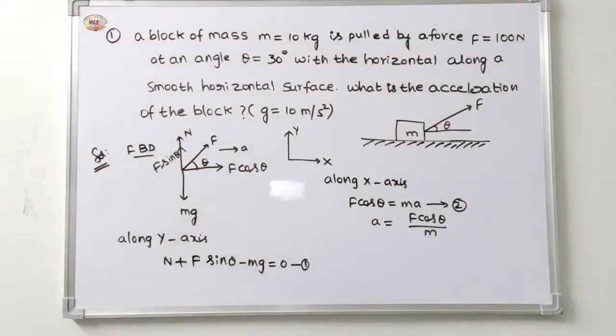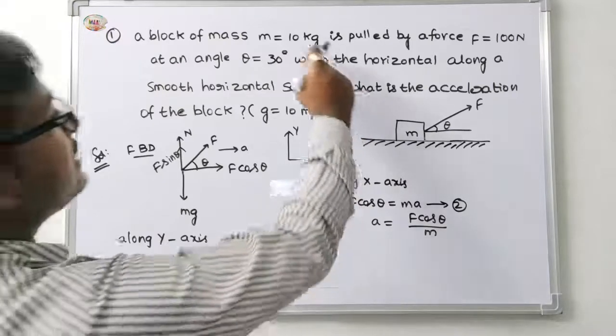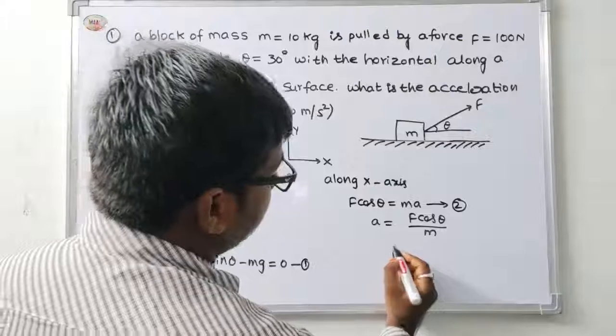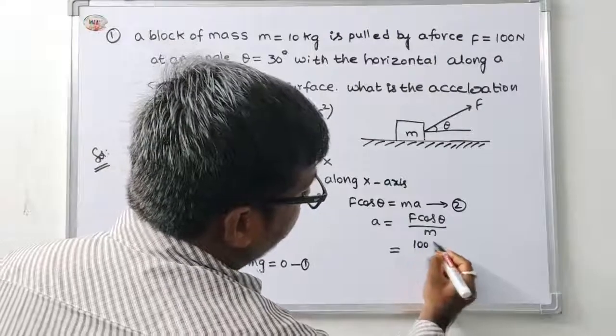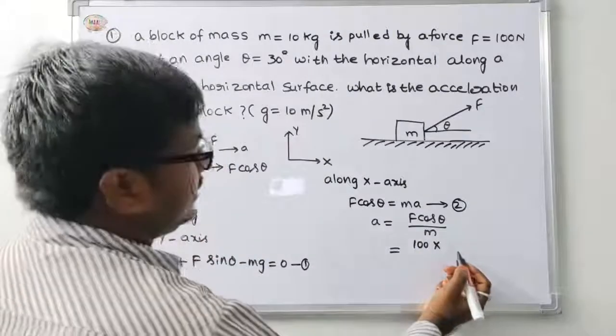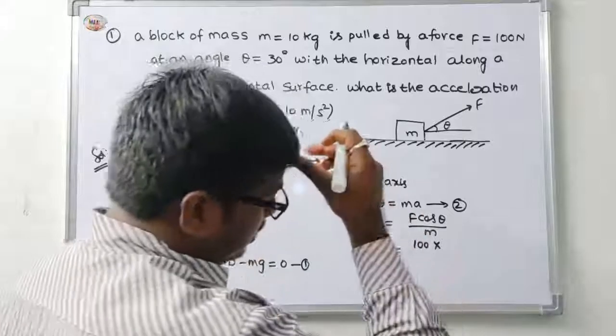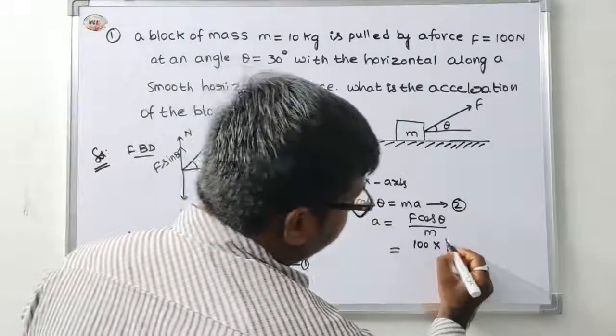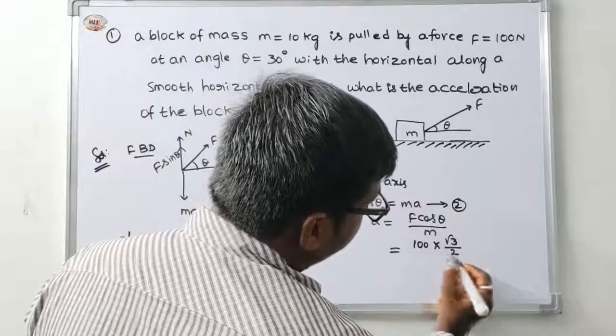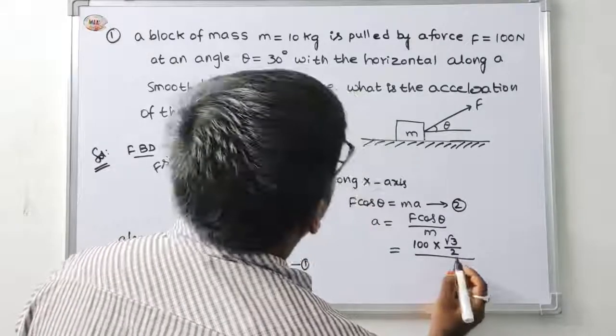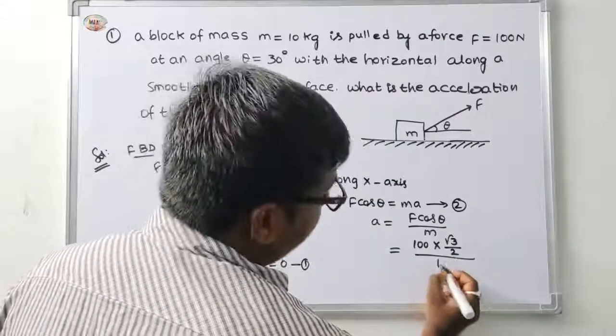Here a is equal to F cos theta by m, and F is 100 Newton. So 100 into cos 30, where cos 30 is root 3 by 2, divided by the mass 10 kg.